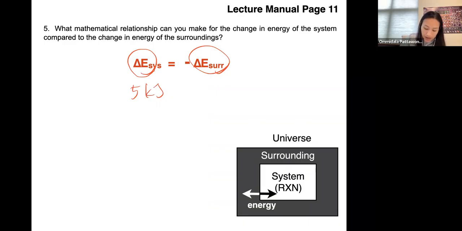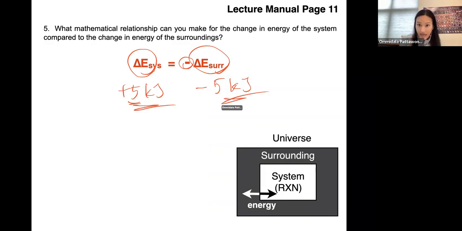If the system absorbs 5 kilojoules, it just means that the surrounding needs to give that off, right? So that's why there is a different sign, because the sign tells you how it flows, whether it's flowing out or flowing in, but the amount of these two would still be the same.